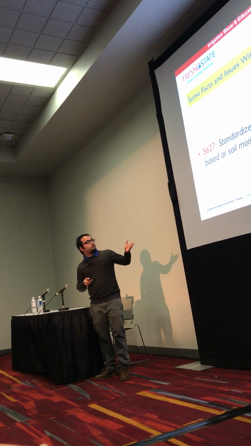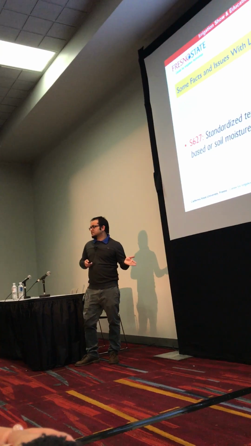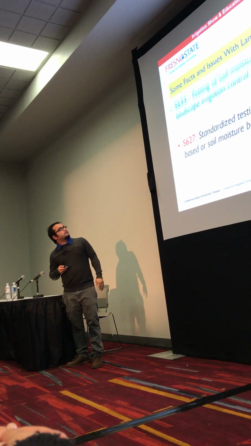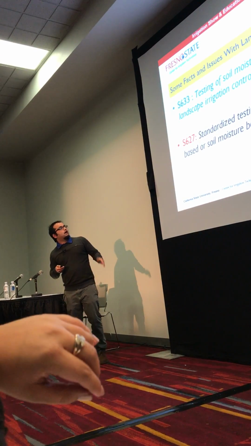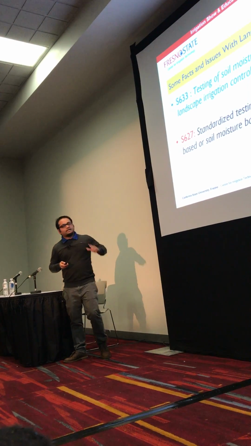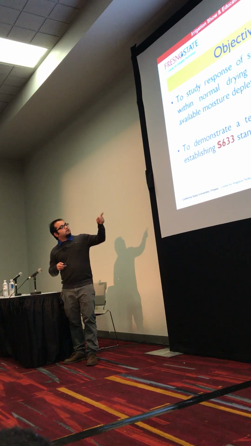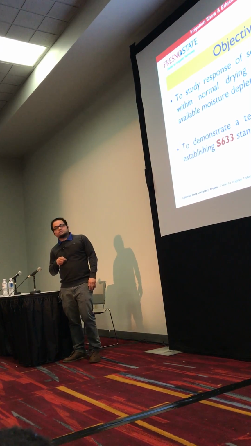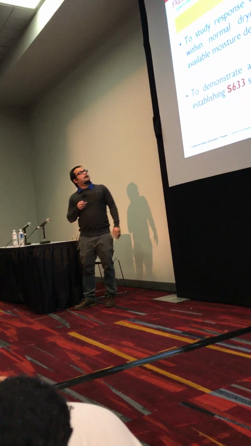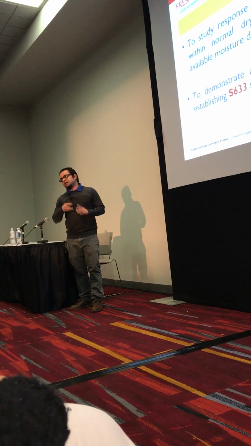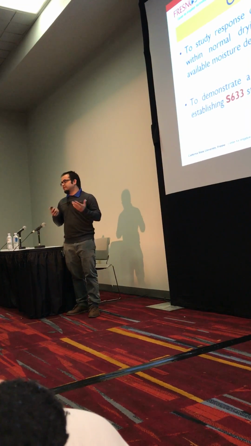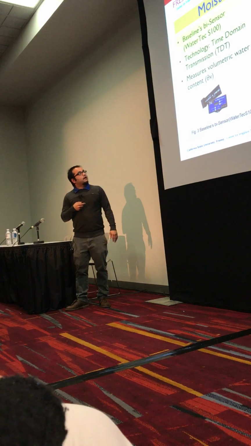S627 is mostly focused on weather-based or soil moisture-based landscape irrigation control, and S633 is the one I'll be talking about today. This whole project was done to demonstrate a testing methodology for establishing the S633 standard, as the whole topic says, how these soil moisture sensors behave with the drying cycle of soil.